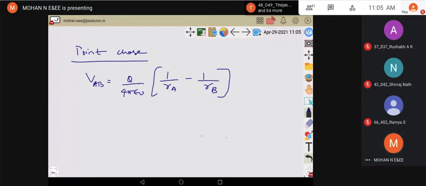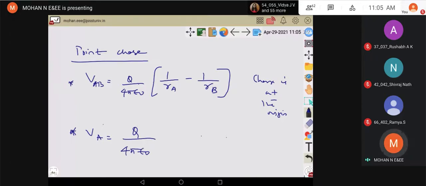Okay, and the charge is at the origin. So this is when the charge is at the origin, and VAB when the charge is not at the origin. So you can call it VA, that is the potential, is Q by 4 pi epsilon naught times the magnitude of R minus R dash.